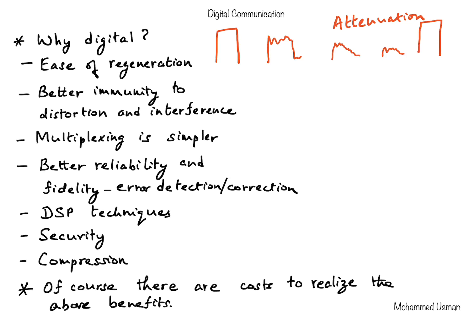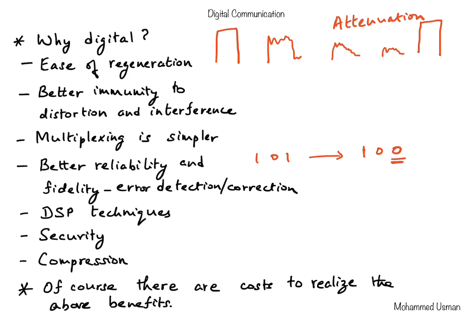This could happen when the noise on the channel is above a certain threshold, and in that case there would be some errors in the received bits. So let's say we transmit 101, but the receiver got it as 100. That means there is an error in this third bit, right?